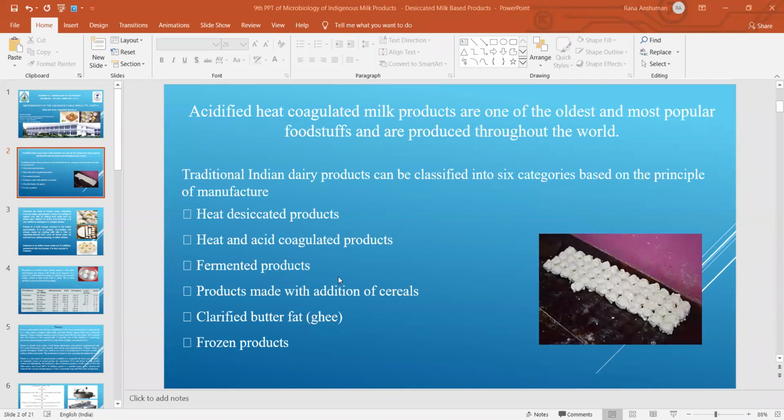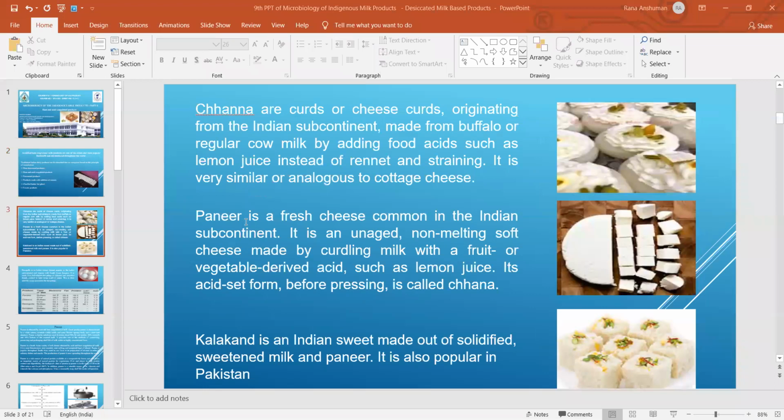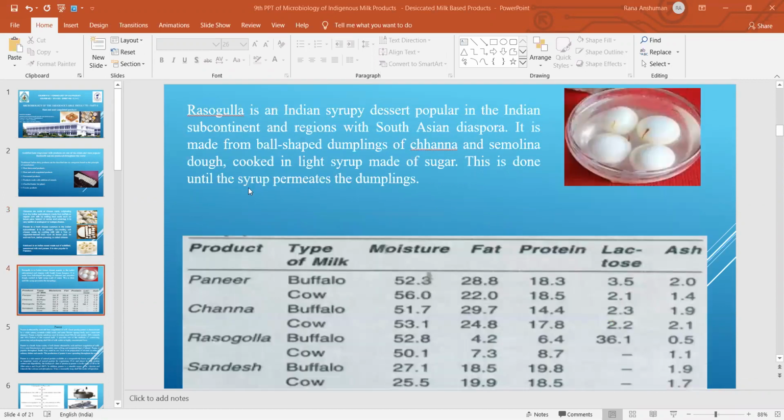In the last class, we discussed a lot about different kinds of heat desiccated products, like Oa, Pera, etc. In today's lecture, we will cover the microbiological significance of different stages of manufacturing during chana manufacturing, paneer manufacturing, kalakand, as well as rasgulla.